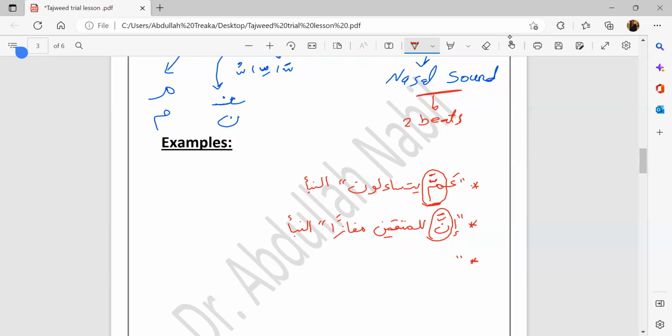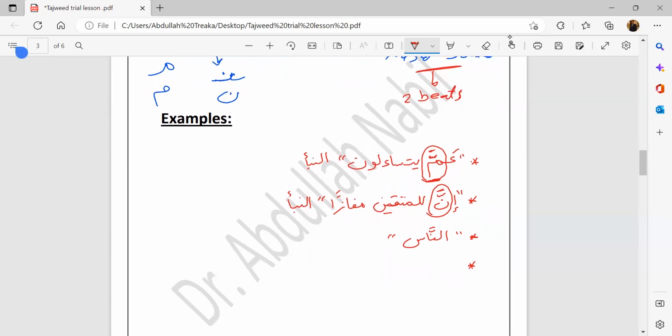Another example. قل أعوذ برب الناس. This is noon in the middle of the word, so we said the same. We didn't say الناس. No. الناس. And the noon at the end, like لترون الجحيم.